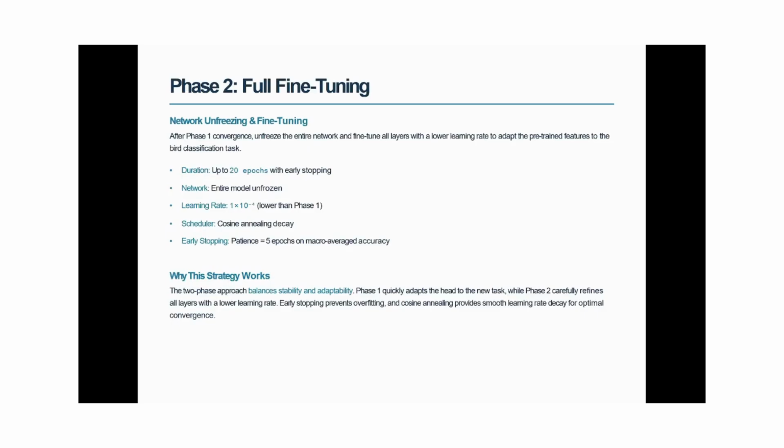Next is phase 2, in which I unfreeze the entire network and fine-tune for up to 200 epochs with a smaller learning rate of 1e-4 and a cosine annealing scheduler. Early stopping with a patience of 5 epochs prevents overfitting. This approach lets the head adapt quickly before fine-tuning deeper layers on bird-specific features.